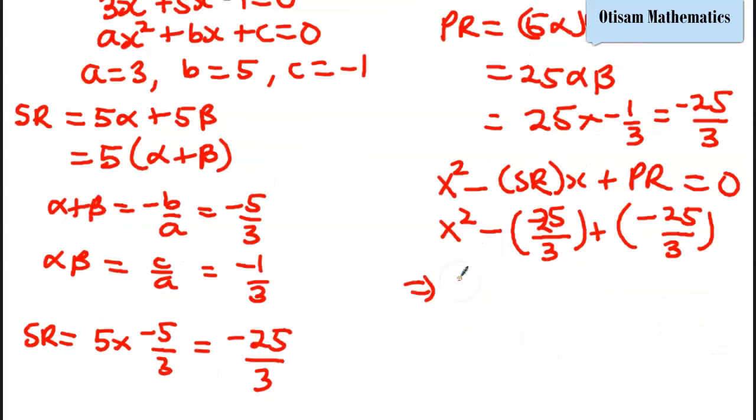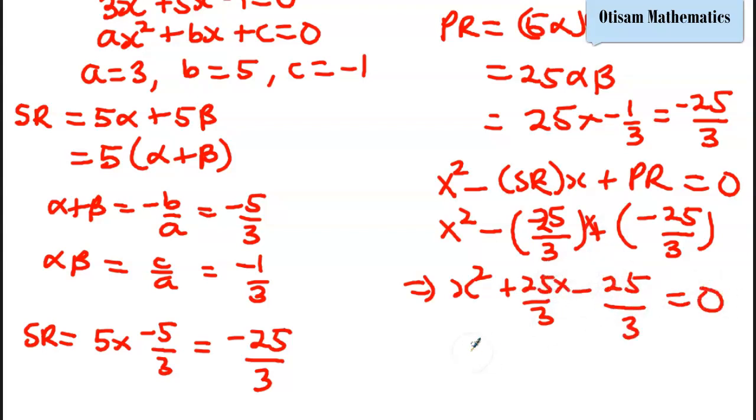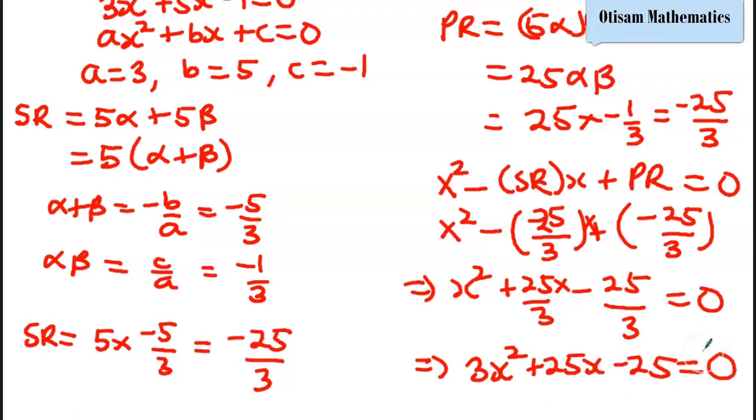So this will be x squared plus 25 on 3 x minus 25 on 3 equal to 0. You multiply through by 3, so 3x squared plus 25x minus 25 will be equal to 0. So that is the new equation.